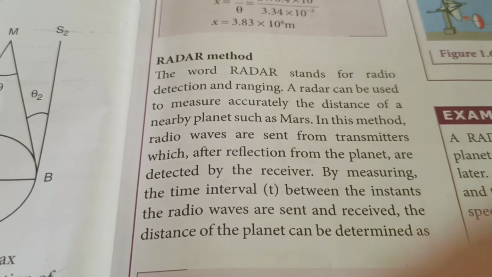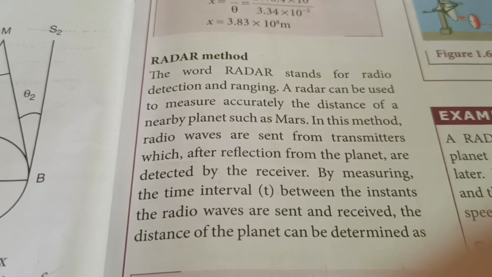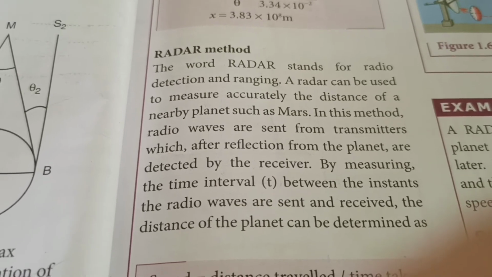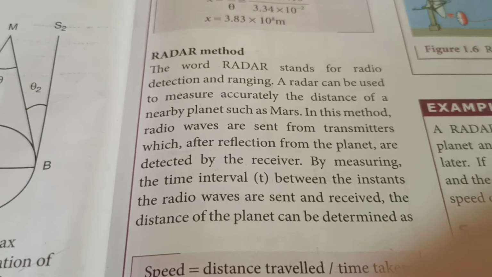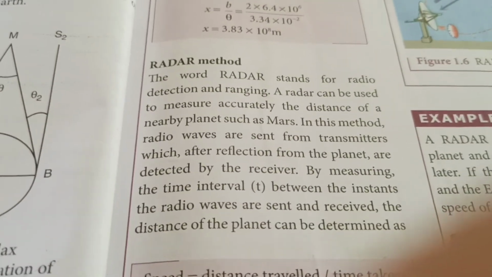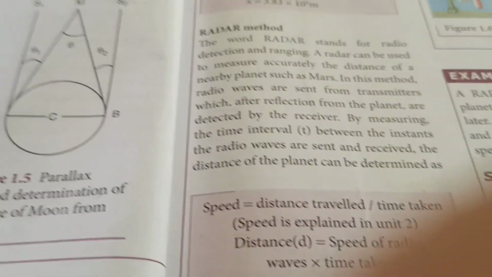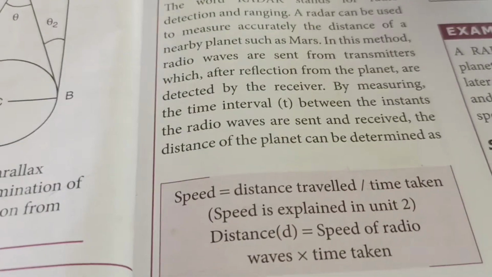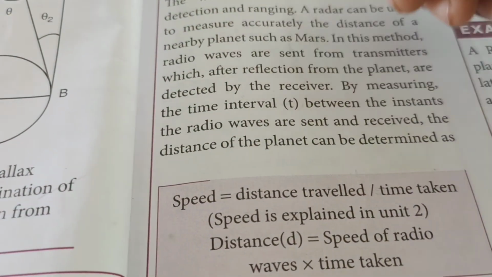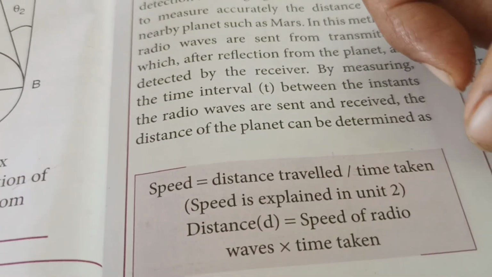By measuring the time interval between the instants the radio waves are sent and received, the distance of the planet can be determined. You already know speed is equal to distance by time. So, in this case, it is the distance traveled by the radio waves divided by time taken.